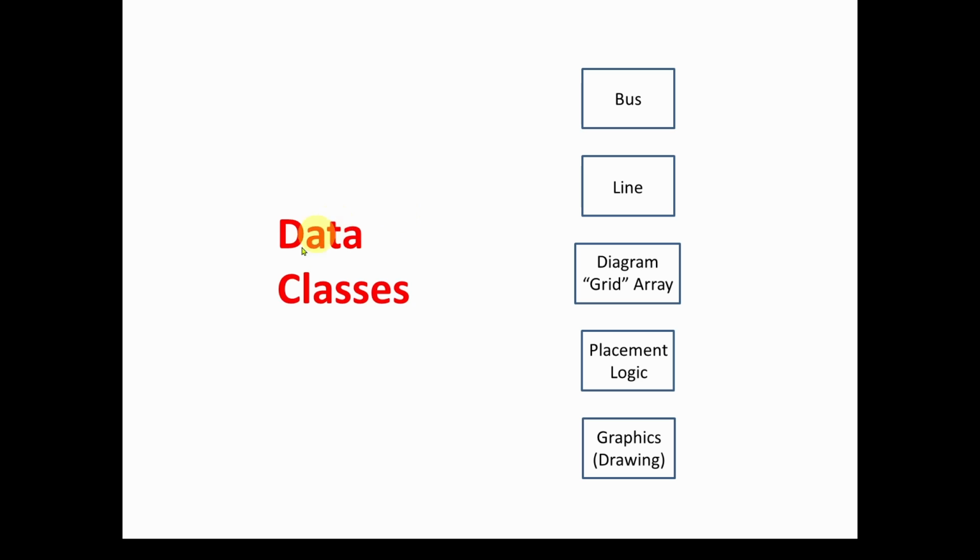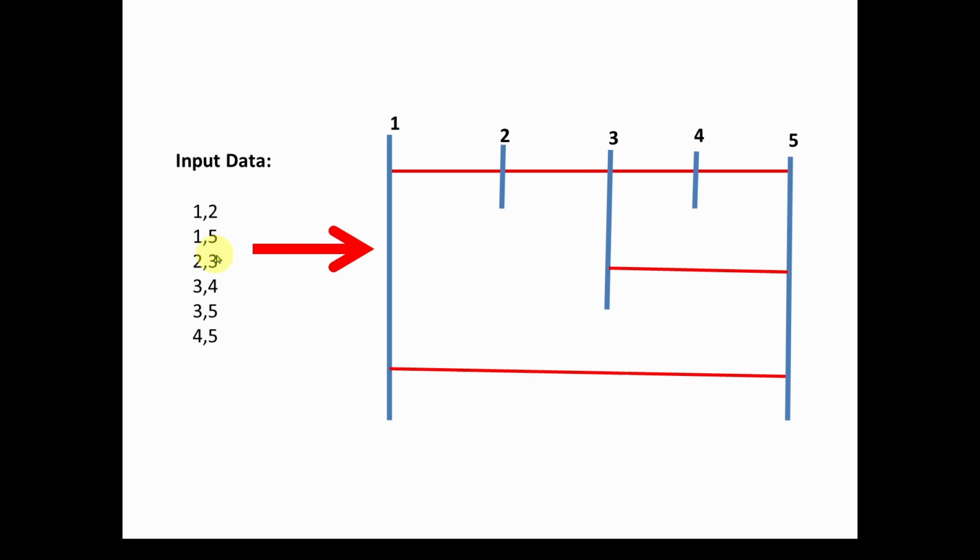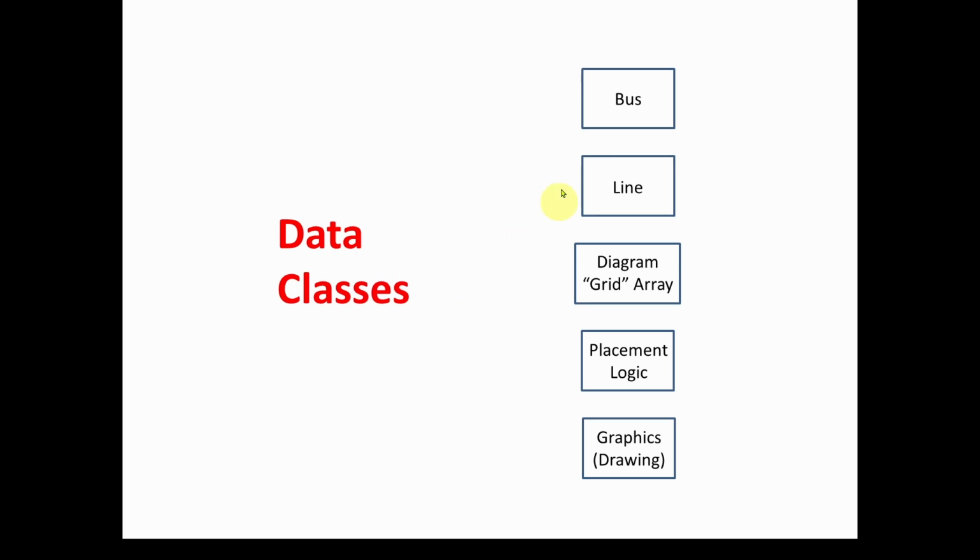So the first thing I like to do is look at the data that's involved in the problem. As we said before, we've got buses, these blue lines, we've got lines, but there's other stuff we need to consider in order to do this diagram. So we've got, for example, data classes. We probably want to have a bus class. Again, this is a real-world piece of equipment.